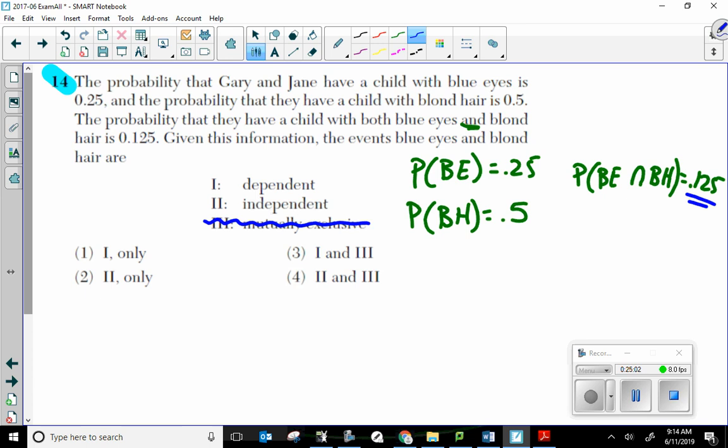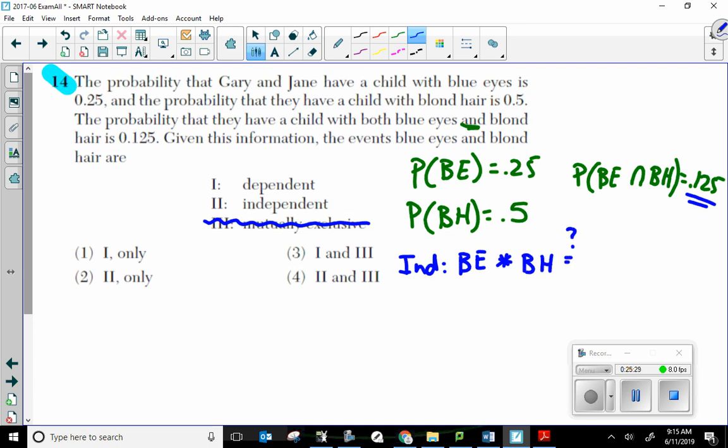All right, so let's just check for independence. The easiest way to check for independence, and especially in this case, is that the probability of one event times the probability of another event should equal the probability of both events happening. Meaning, in this case, my check for independence is the probability of blue eyes times the probability of blonde hair.